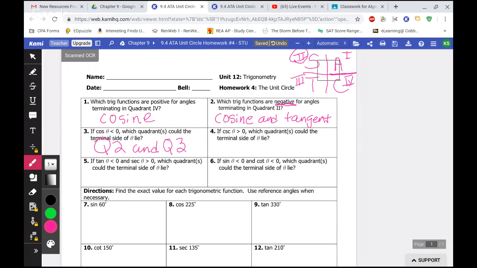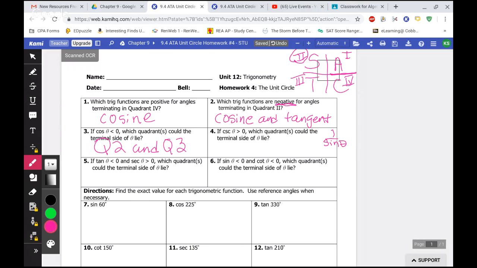If cosecant is greater than 0, and cosecant is 1 over sine theta, which quadrant could the terminal side of theta lie in? Well, just because it's the reciprocal of sine, that's not going to change anything about the positive or the negative.